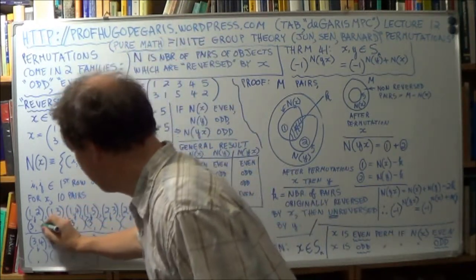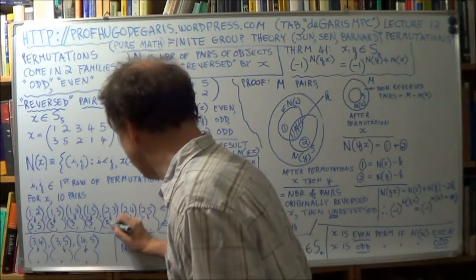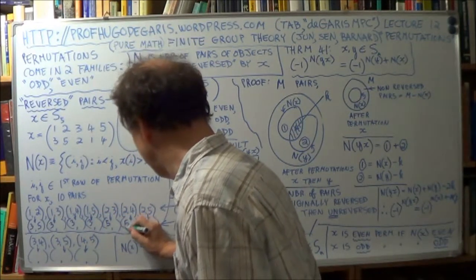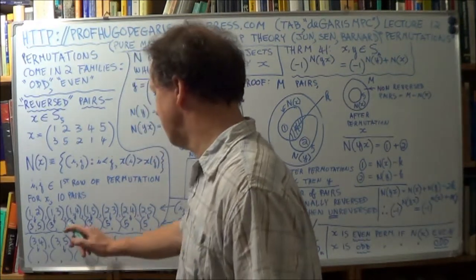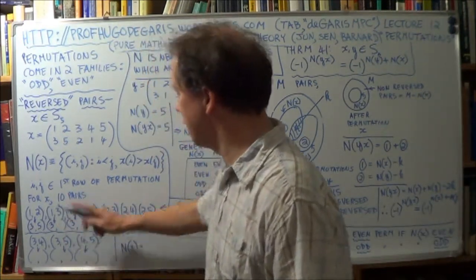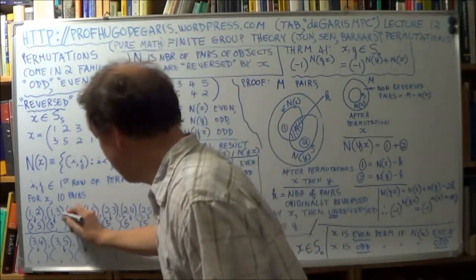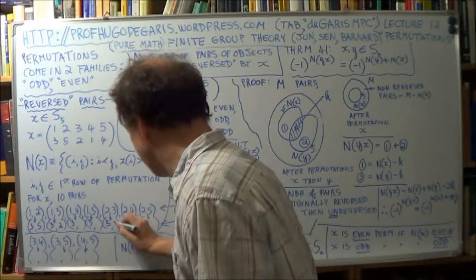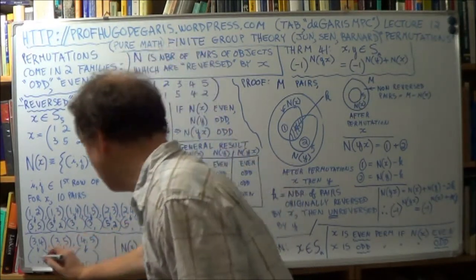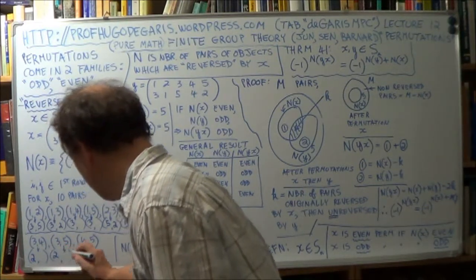So my x of 2 will be a 5 here, and 5, 5, 5. Now x of 3 gives me 2. So wherever there's a 3 here, I put a 2 here. 2, 2, 2.